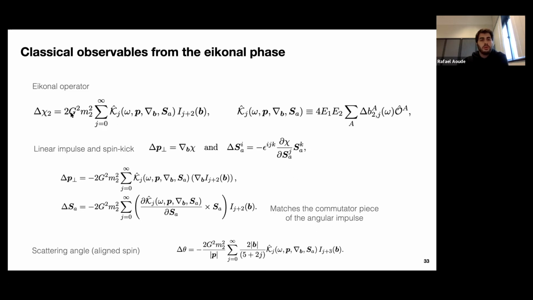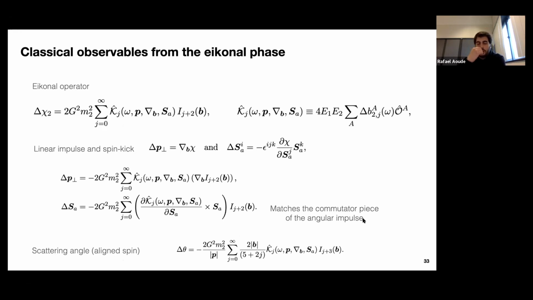We go further on and also calculate the scattering angle in the linear spin case, where again the scattering angle has a similar derivative, that is the derivative of the modulus of the impact parameter, and it acts only on this integral. And the effect of this is to increase one power here of the integral and pulling out some terms.